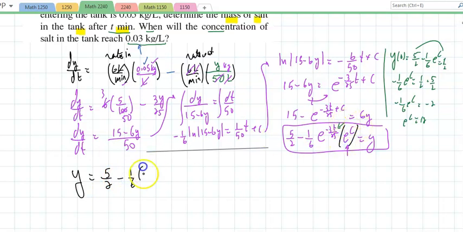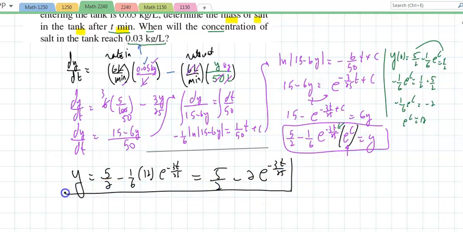I'm going to put a 12 instead of that, e to the negative 3t over 25, or it's going to be 5 halves minus twice e to the negative 3t over 25. And that's going to be the amount of salt at any given time.